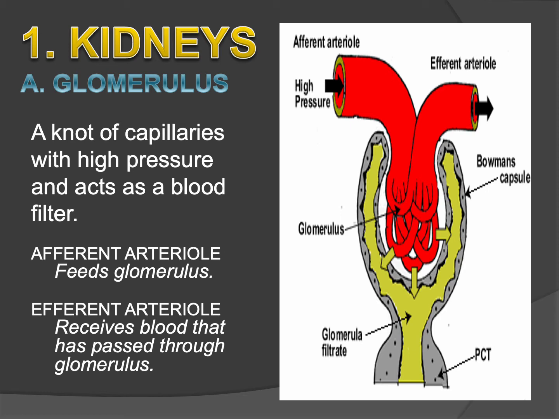At yun yung tinatawag natin na filtrate. Paano ngayon yung hindi na filter, which are the big particles, RBC, WBC, platelet, and proteins in plasma, dumiretso siya ng efferent arterioles.